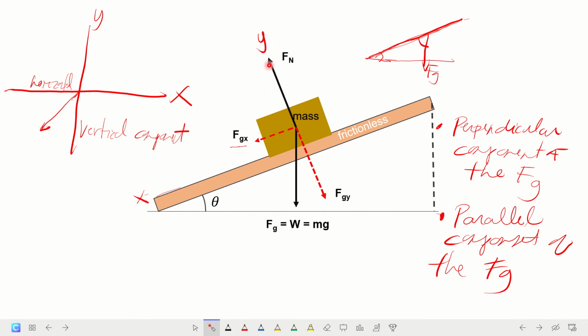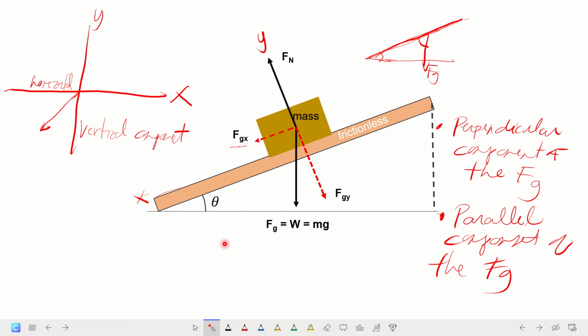So therefore, f of n and f of g of y have the same magnitude, and they are canceling each other out. Dito, since we don't have an opposing force, the parallel component of the force due to gravity is the force that causes our object to accelerate downwards or to slide down the plane.